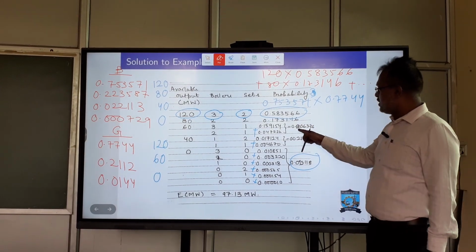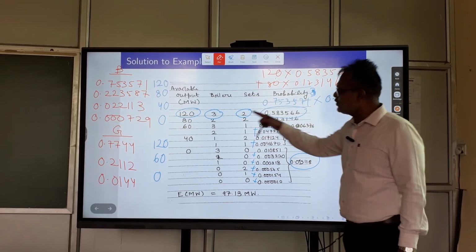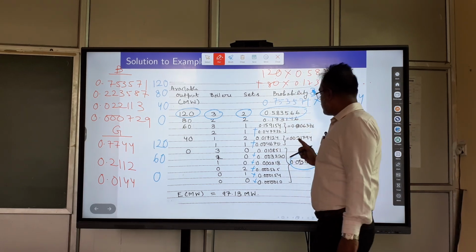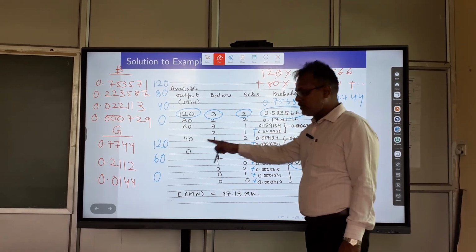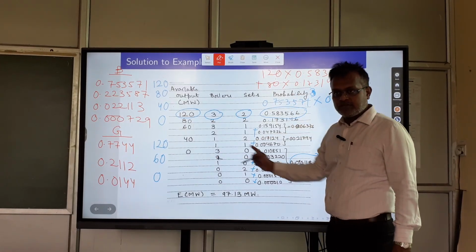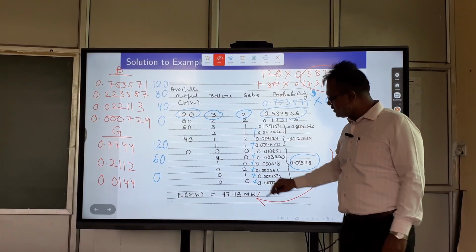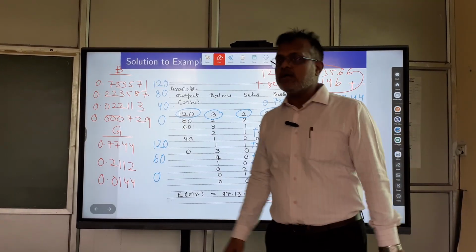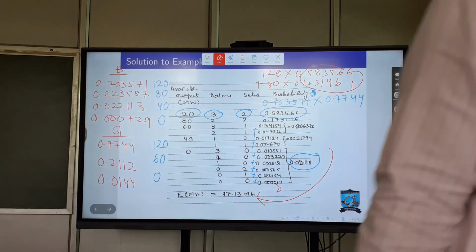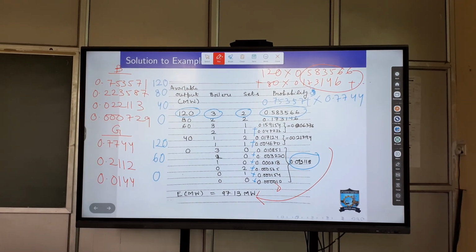Plus 0.020636 into 60 plus 0.002174 into 40 plus 0.01518 into 0, which is 0. So if you do this addition, you should get 97.13 megawatt. Check it. Okay. Next question.